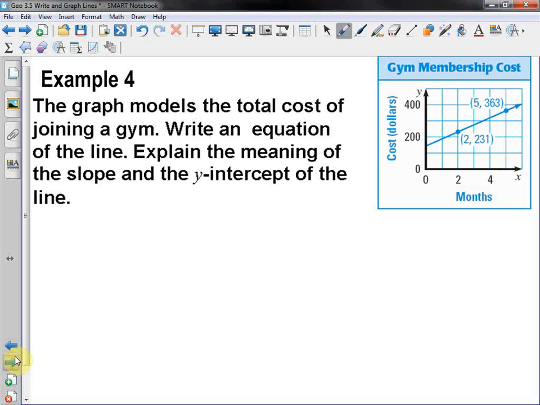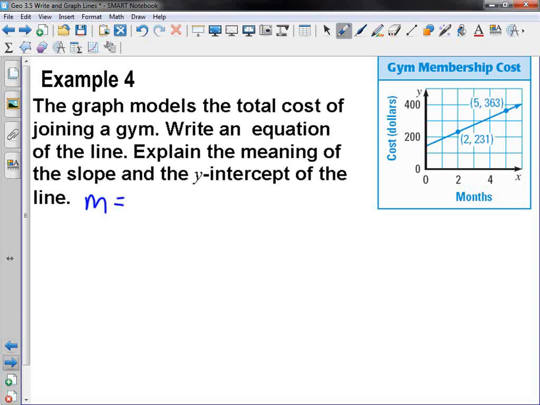All right. Here we have a graph of gym membership cost, right? So we want to write an equation of this line. What do we need to write an equation of a line? Slope, y-intercept. Do I have the slope? I could probably find it pretty easily, right? Now I could go try to do rise over run, right?